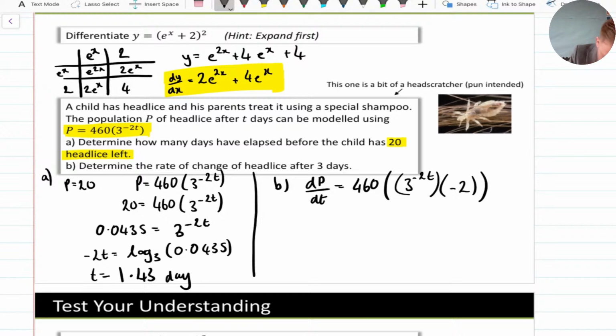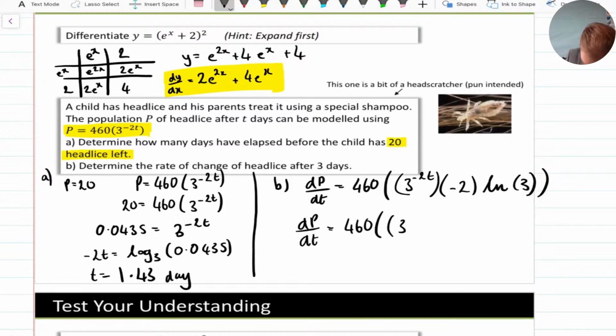Ln of, sorry, I forgot that, ln of 3. So then if I want it when t is equal to 3, I need to sub 3 into this and find it out. So dP by dt is equal to 460 times by 3 to the minus 2t times by minus 2 times by ln of 3.